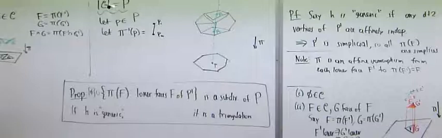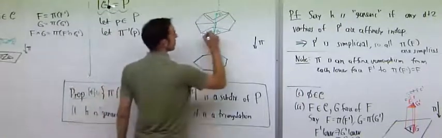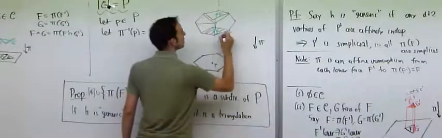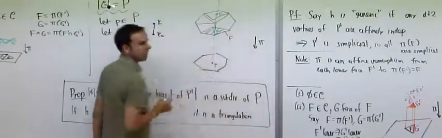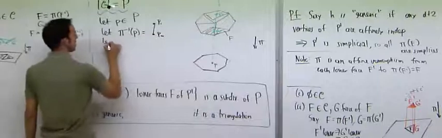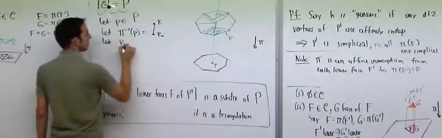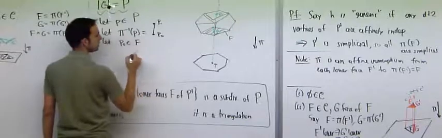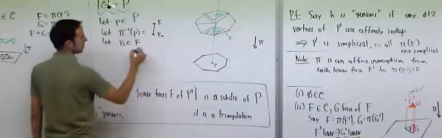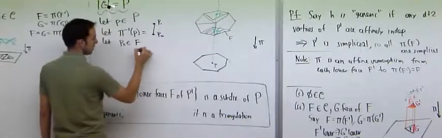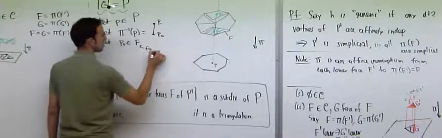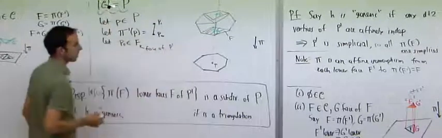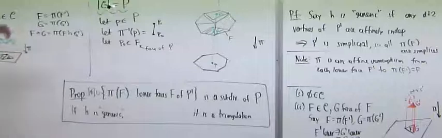Okay? So what I'm going to claim is the following. Let's call this face F. Okay? Let P0 be inside face F. Okay? So what I want to claim is that this face F has to be a lower face.